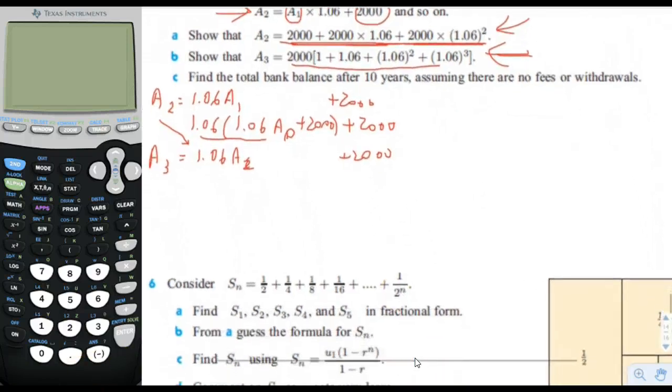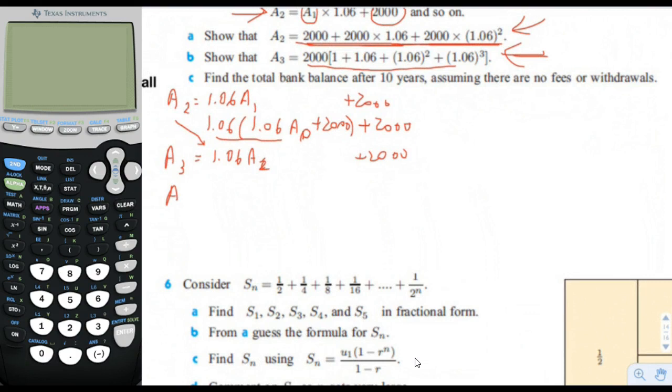Okay, so basically I think this would be easy if we just extended the pattern here. So if it was A sub 10, we know that that's equal to 2,000 times 1 plus 1.06 plus 1.06 squared plus, and we would go on until we get to 1.06 to the 10th. Right?